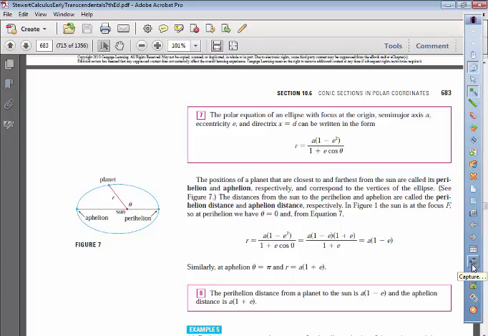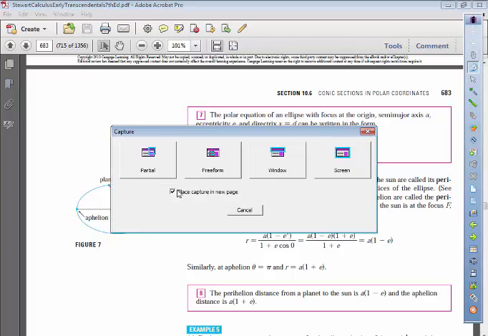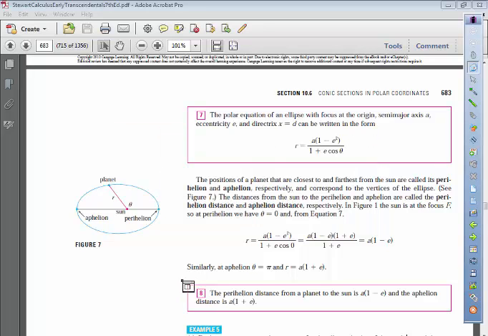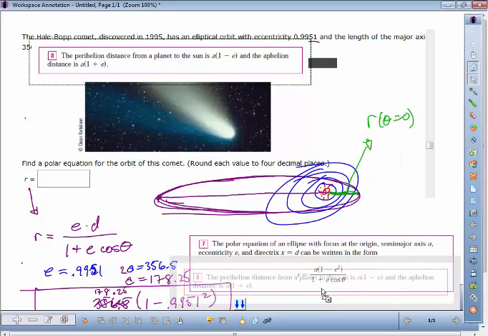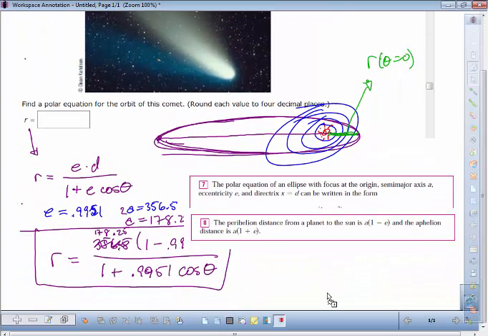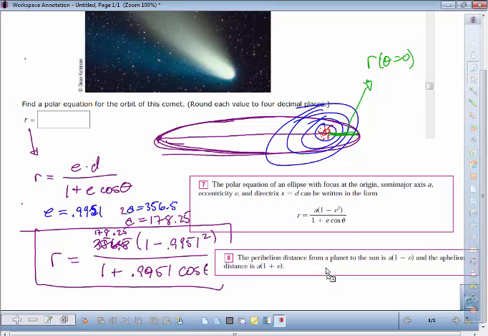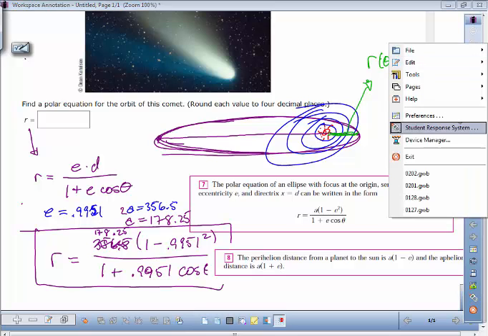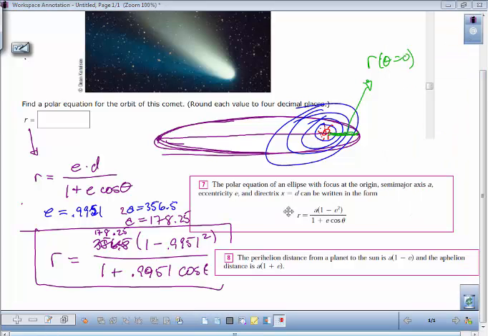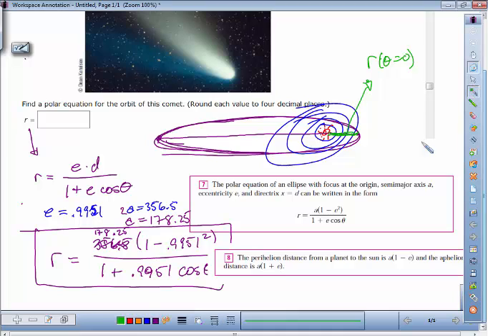So if we use this formula, to help us find the closest and farthest distance, we have a little shortcut formula for these things as well.